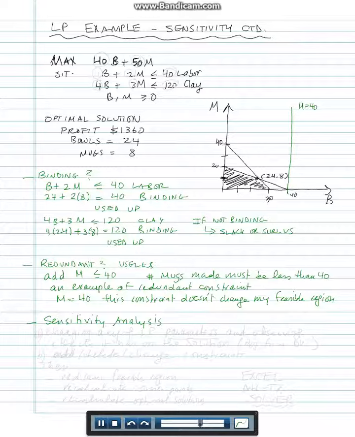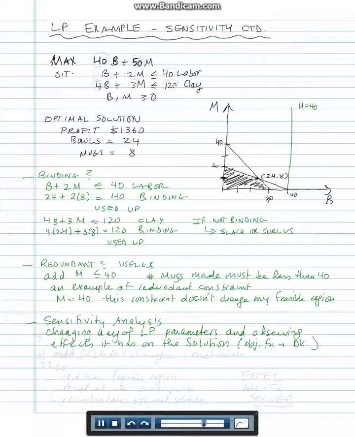Sensitivity analysis means changing any of the LP parameters and observing the effects it has on the solution. The solution being the objective function value and the decision variables.